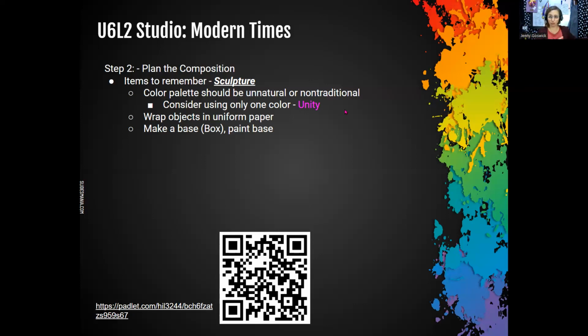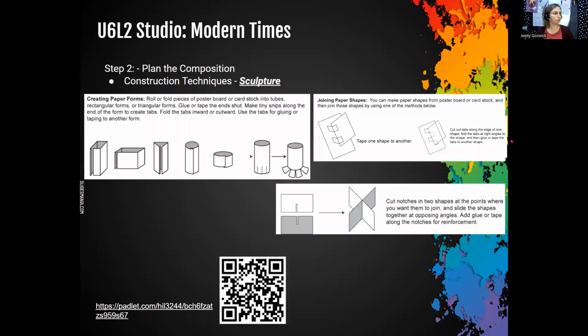You can take all of the objects you're going to construct it with, paint them all so they're all one color, and then assemble it. I probably would recommend that, unless you're going to use spray paint, which you would then need an adult's permission and help to do. But if you assemble your box and then try to go back in and paint it, it's going to be tedious, and I would struggle with that. So I would paint my stuff first and then assemble it. The problem is you don't know exactly what you're going to use, and you might have to paint extra stuff for it. So just keep that in the back of your mind.